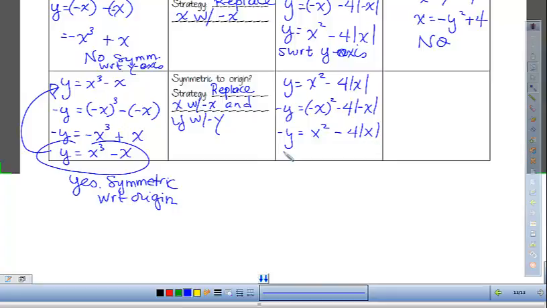If I solve for y, okay, I get this, which is different from our original equation. So we say not symmetric with respect to the origin.